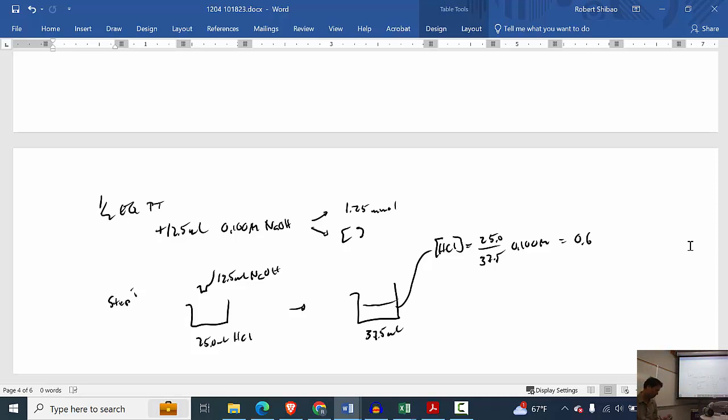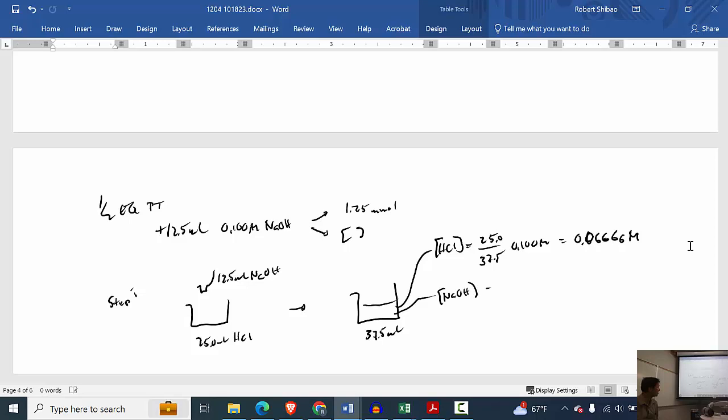Divided 37.5 times 0.1, 1/15th, yeah. 0.06. We have 3 sig figs, but I'm going to carry one extra digit here, so quadruple 6.